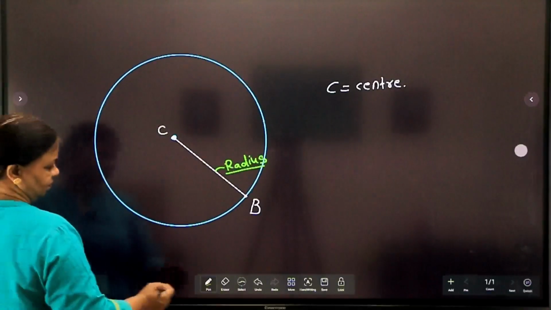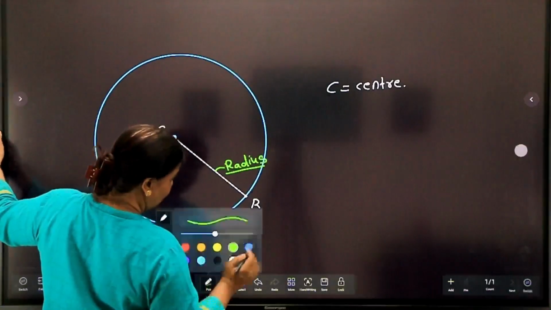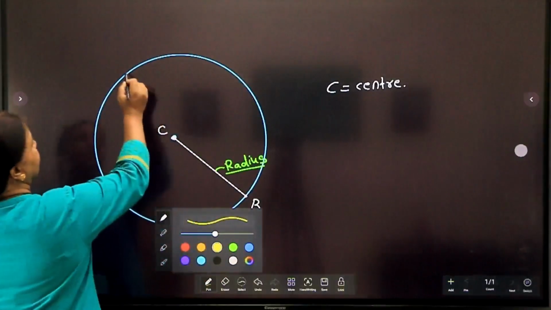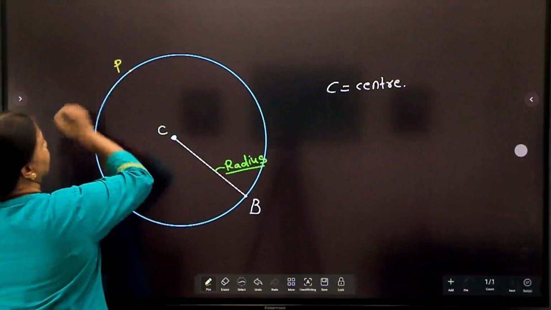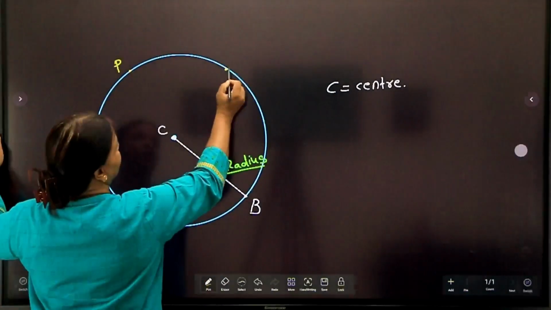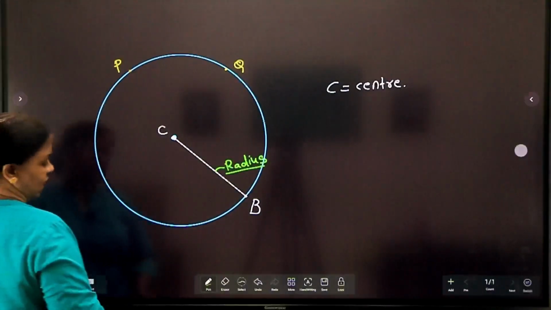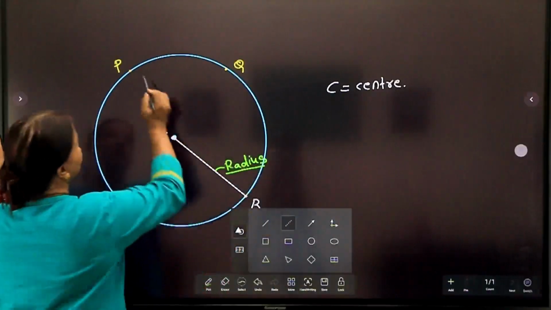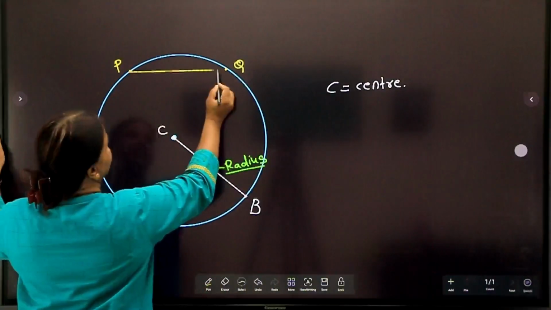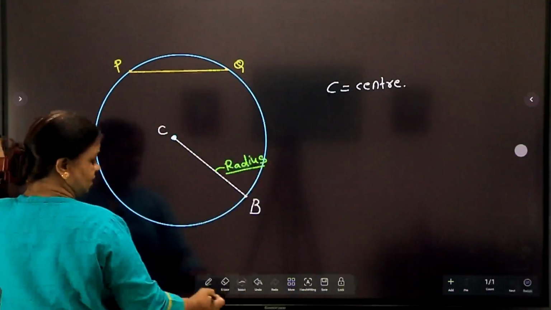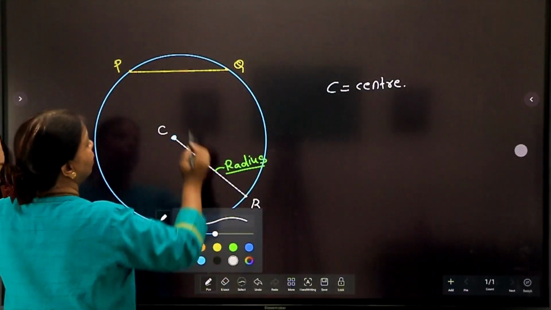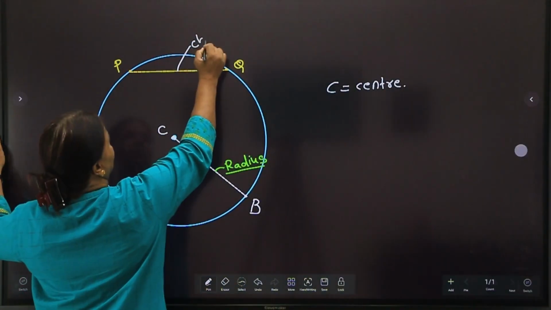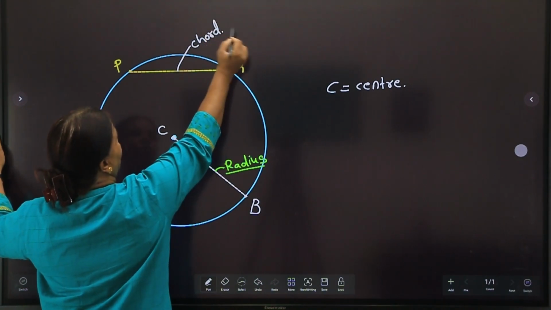The distance is also known as radius, and the segment is also called the radius. Suppose I take 2 points, there is a point P and there is a point Q, and if I draw a line which joins these 2 points, then this line is known as a chord of the circle. What is it called? Chord of the circle.